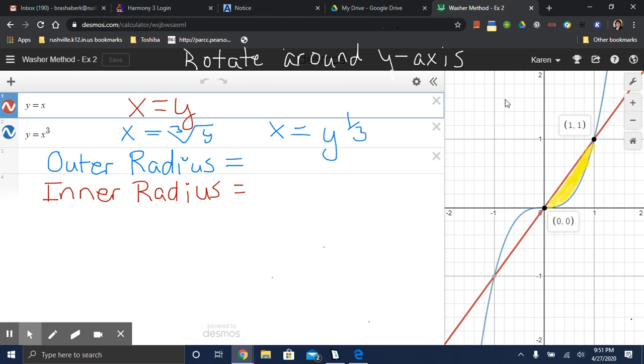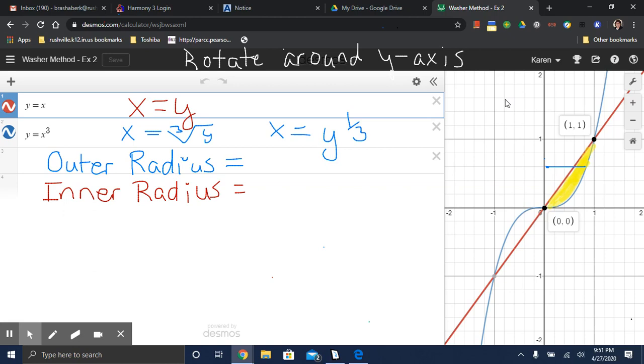And so then we're going to look at this inner and outer radius idea. So the axis of revolution is the y-axis. We want to look at a radius that would go all the way through the region, including the hole.